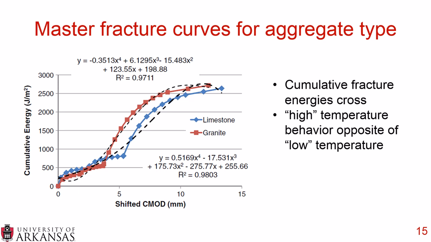So at the beginning of this test, the limestone actually had a higher cumulative energy, so those are the lower testing temperatures. But then at some point, the granite actually jumped and then had the higher cumulative fracture energy at the higher testing temperatures. Now, the very interesting thing about this is with these master fracture curves, we can actually identify exactly when this transition occurs. And it occurs around 600 joules per meter squared.